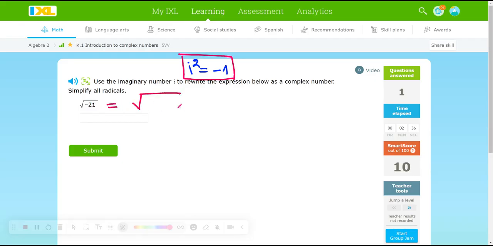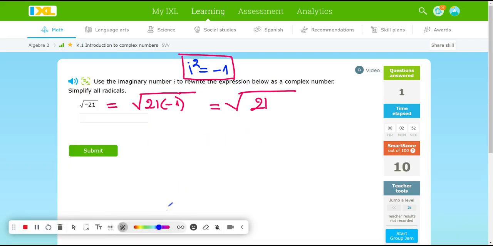Okay. Same thing here. Negative 21 inside the square root is the same as negative 21 times negative 1. Okay. What do we substitute negative 1 for? Ethan, what do we substitute negative 1 for? If you see negative 1, what do you substitute for?